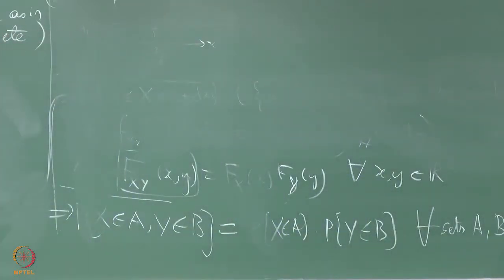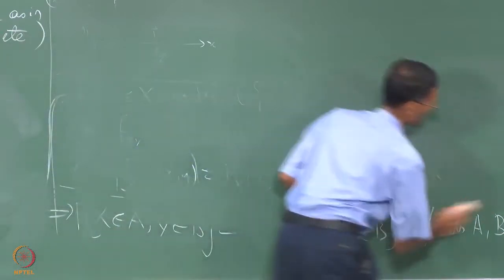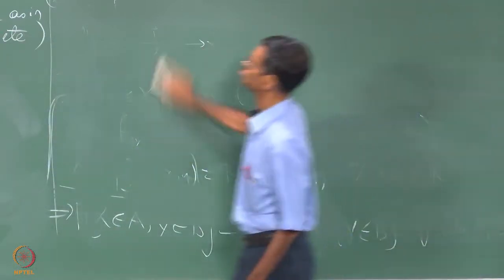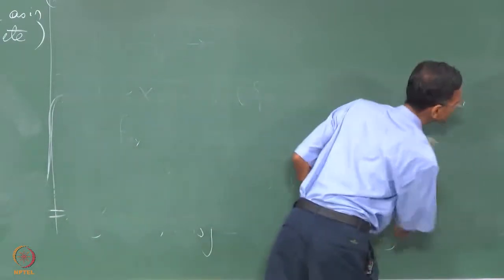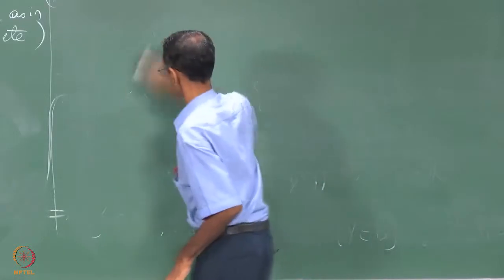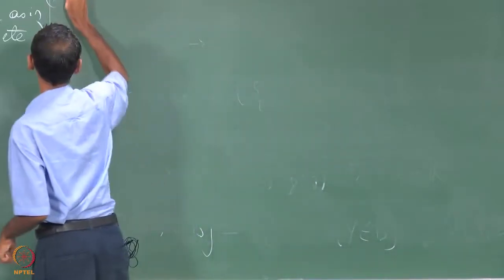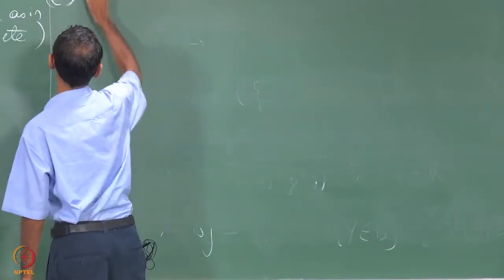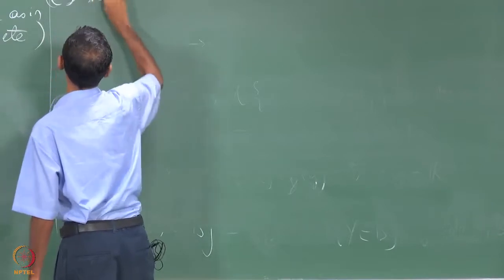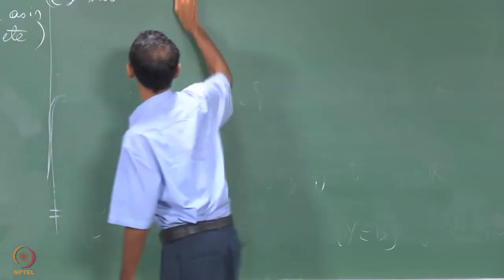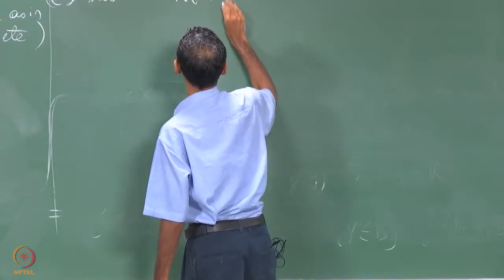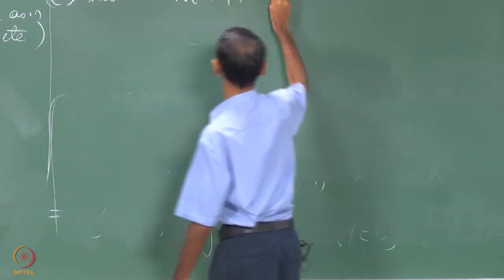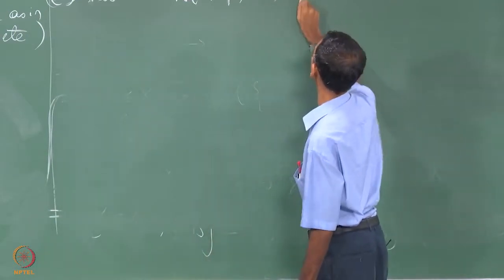So this is an example. Let x be some Gaussian with sigma 1 squared. I need to have different variances, so I will put 1 and 2.